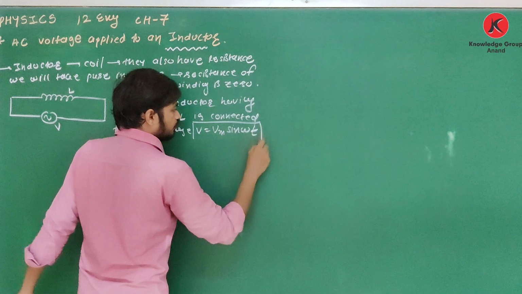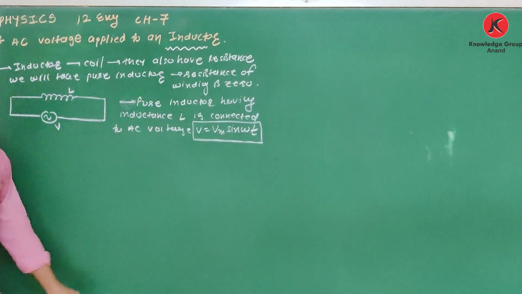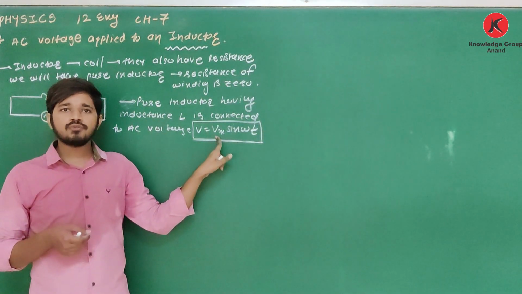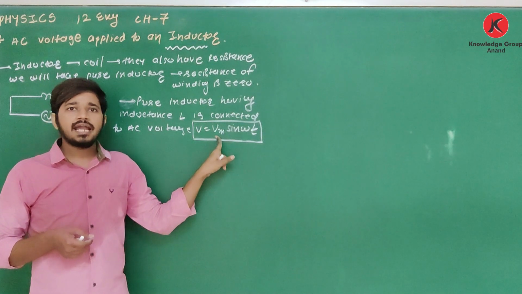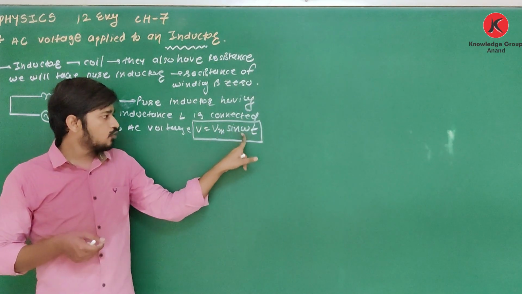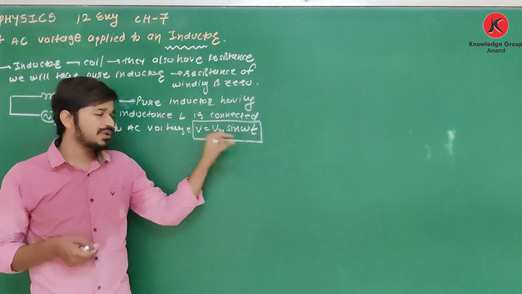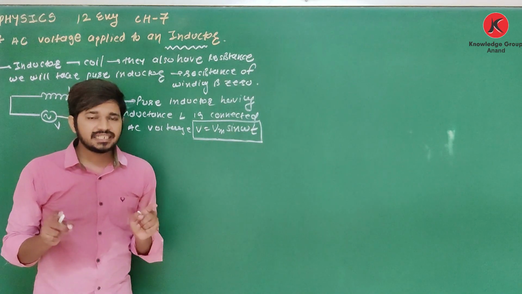Vm is the maximum value of voltage or amplitude of AC voltage. Omega is angular frequency, and omega t is phase.